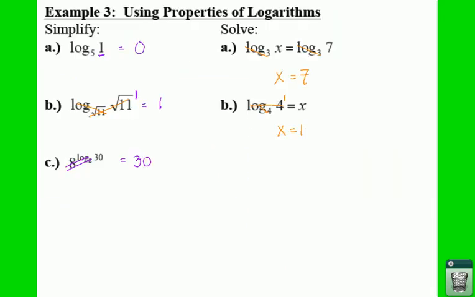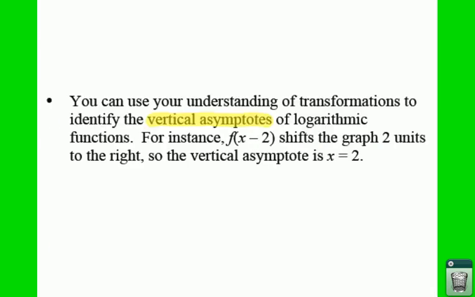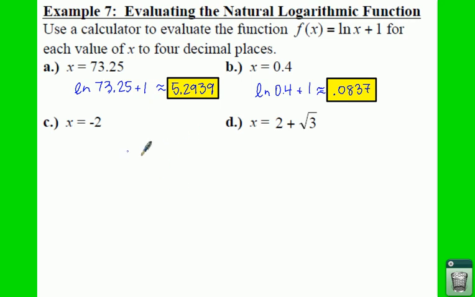In this case, for example 7, you're trying to find the natural log of negative 2 plus 1. Well, natural log of negative 2, if you just set this equal to y, is really y equals log base e of negative 2.